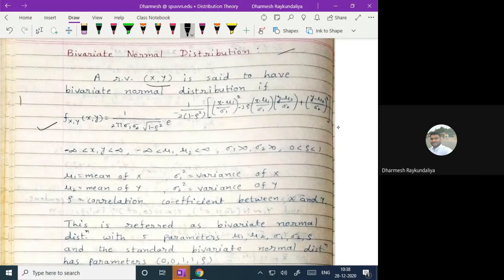Suppose X has normal mu 1, sigma 1 square and Y has normal mu 2, sigma 2 square.